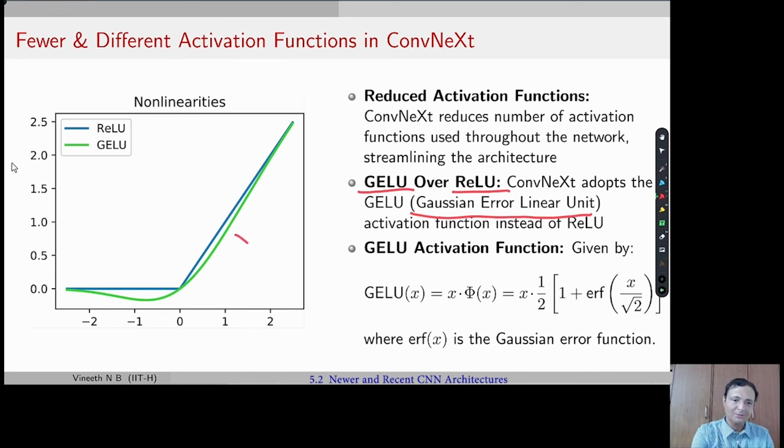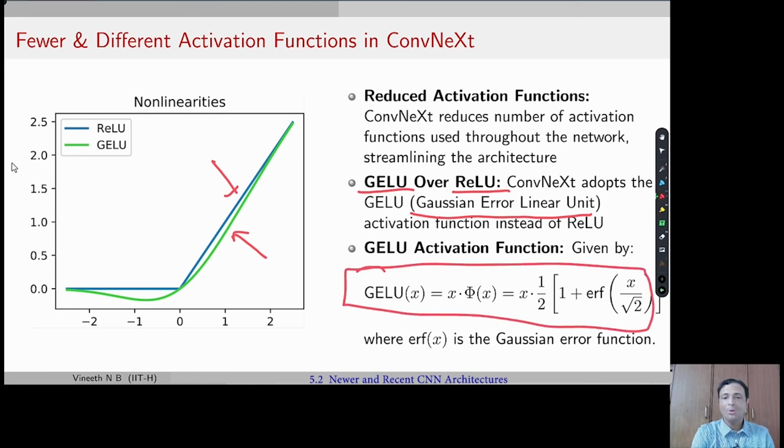As you can see on the graphs here, the GELU, or the Gaussian Error Linear Unit, is a smooth approximation of the ReLU activation function, and it is given by this expression here, where x is the input and phi of x is the Gaussian cumulative distribution function.